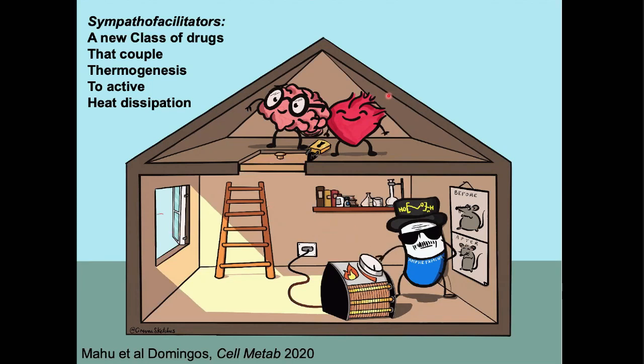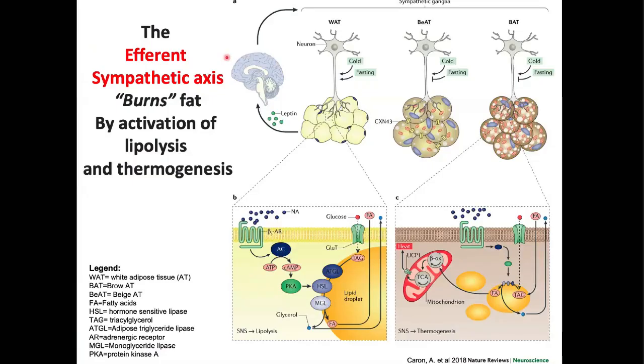So this thermogenic activity is also one of the energy dissipation mechanisms that is known to be part of the efferent axis in the neuroendocrine loop of leptin action. So we demonstrated that sympathetic neurons drive lipolysis, which makes the leptin-producing gland, that is to say the white adipose tissue, smaller.